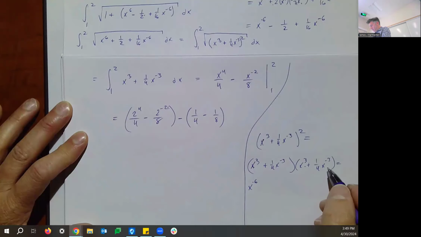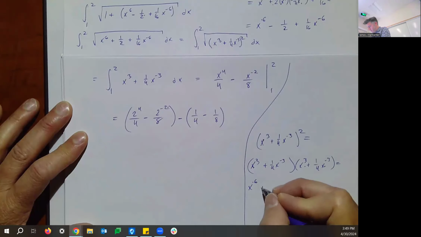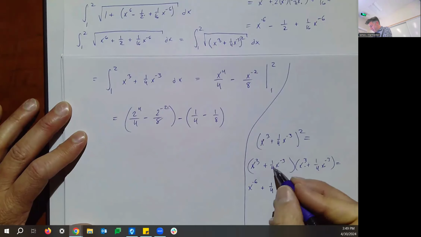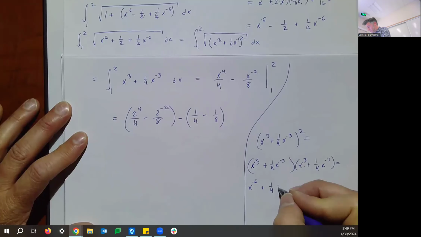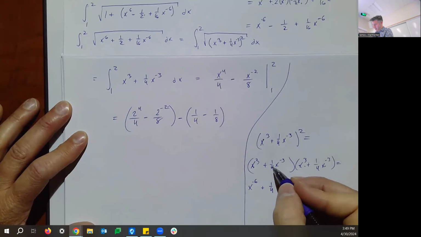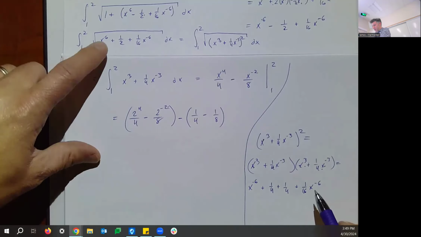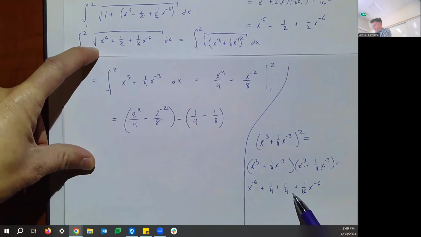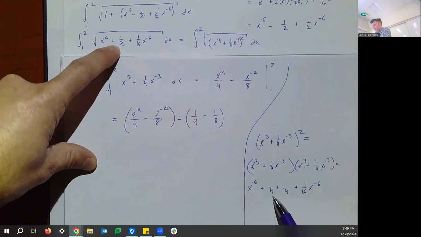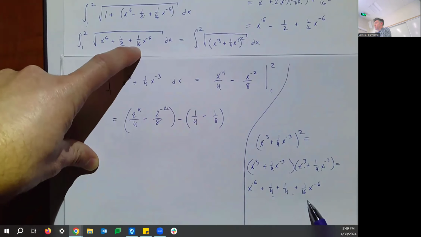X to the third times 1/4 x to the negative third is just 1/4. And 1/4 x to the negative third times x to the third is also 1/4. And then 1/4 x to the negative third times 1/4 x to the negative third is 1/16 x to the negative 6th. And those are exactly the same. X to the 6th plus 1/2 plus 1/16 x to the negative 6th.